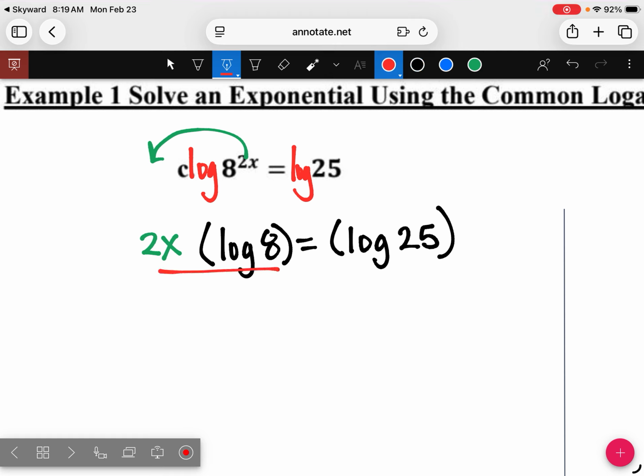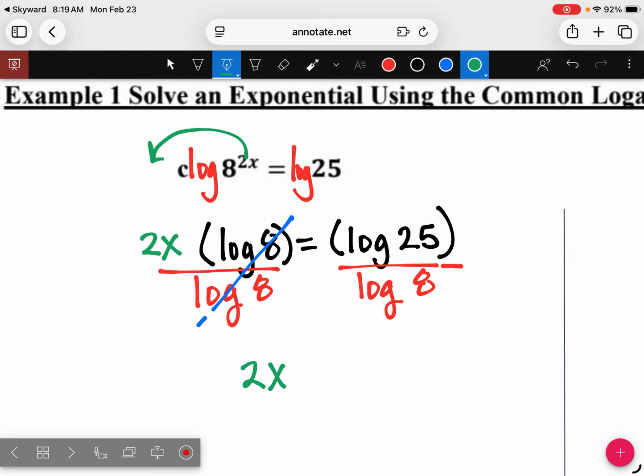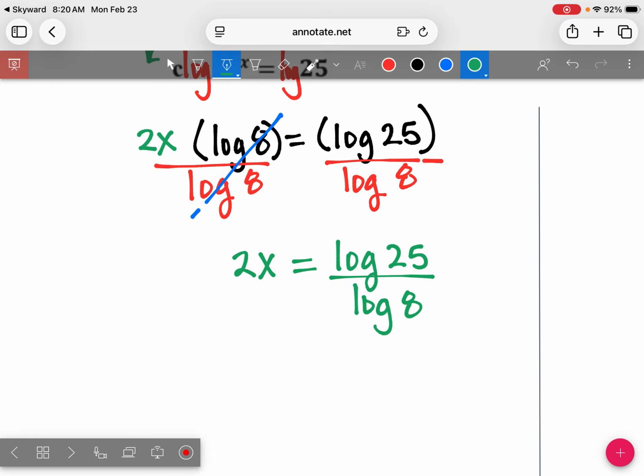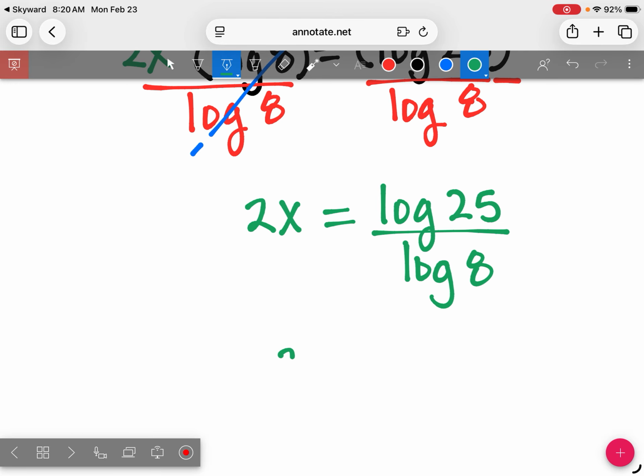So we're going to divide both sides by the log of 8. That cancels out. So 2x equals log 25 divided by log 8. So let's go ahead and see what you get. Go ahead, type that in your calculator.